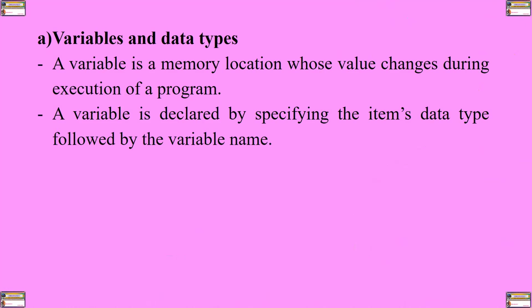anytime you are writing a C program and you know that you are going to request the user to enter a certain value, that value needs to be stored somewhere in the computer memory for use.